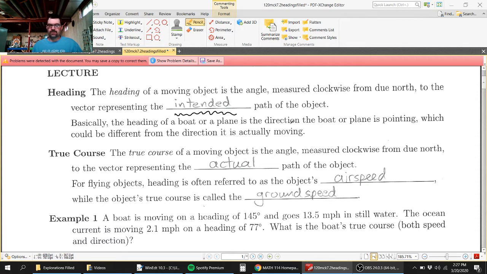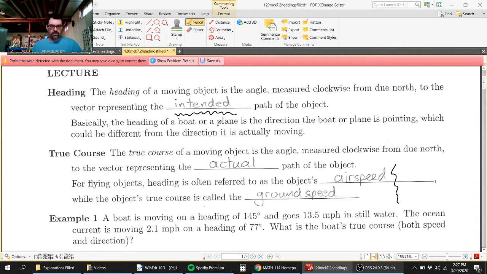And for flying objects in particular, we have a couple words here: airspeed and ground speed. Airspeed is a plane's heading, how fast it would go if the air was not moving at all and what direction it would be going in, as opposed to ground speed. So we just have a bunch of examples here, and it involves sketching pictures of things, like always.